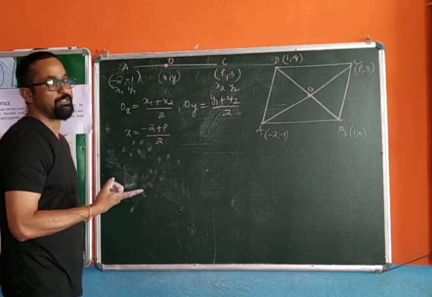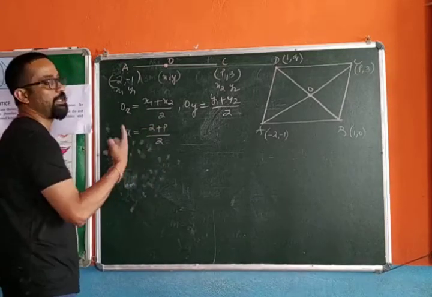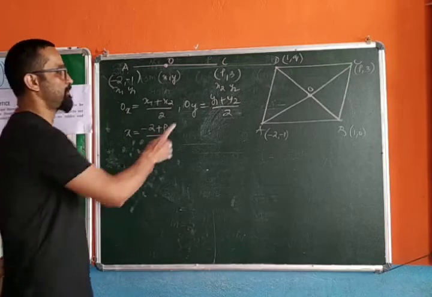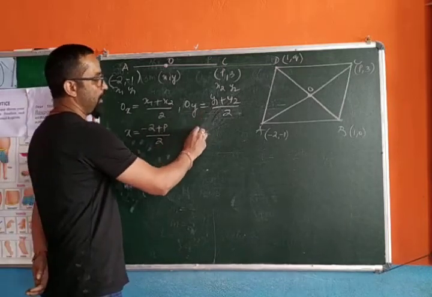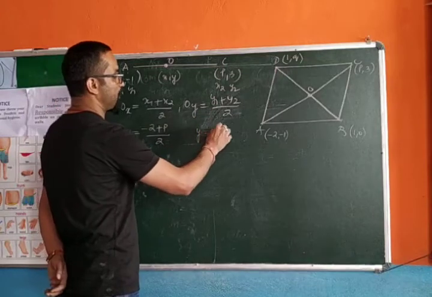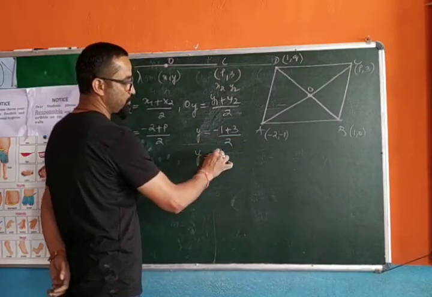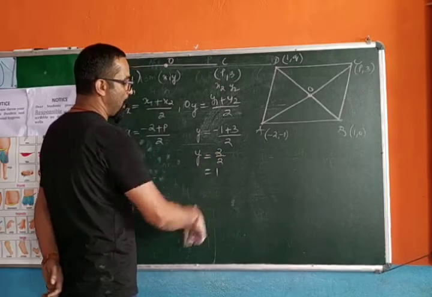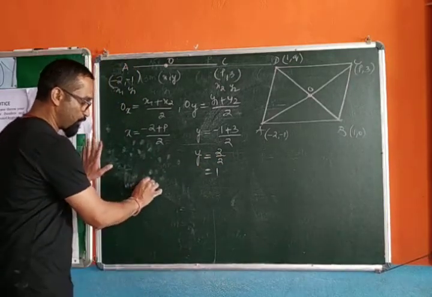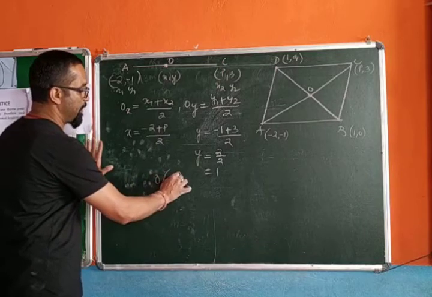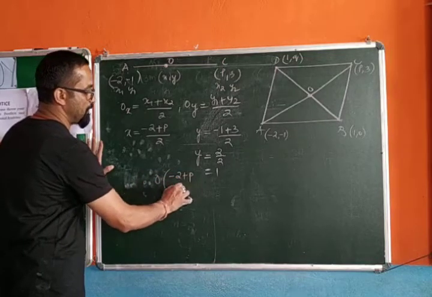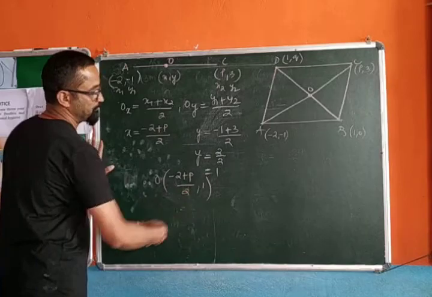You cannot simplify it because you have two unknown variables, so leave it like this. Oy is (-1 + 3) divided by 2, which is 2 divided by 2, giving you 1. Therefore, O has coordinate ((-2 + p)/2, 1).